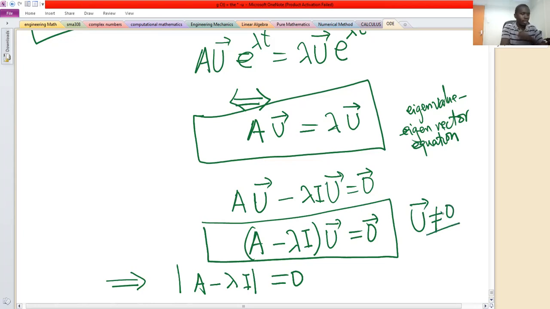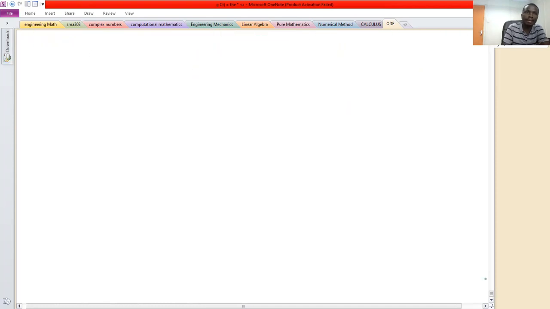So we will now illustrate how to solve systems of differential equations using the eigenvector method. And then just lastly, theorem.